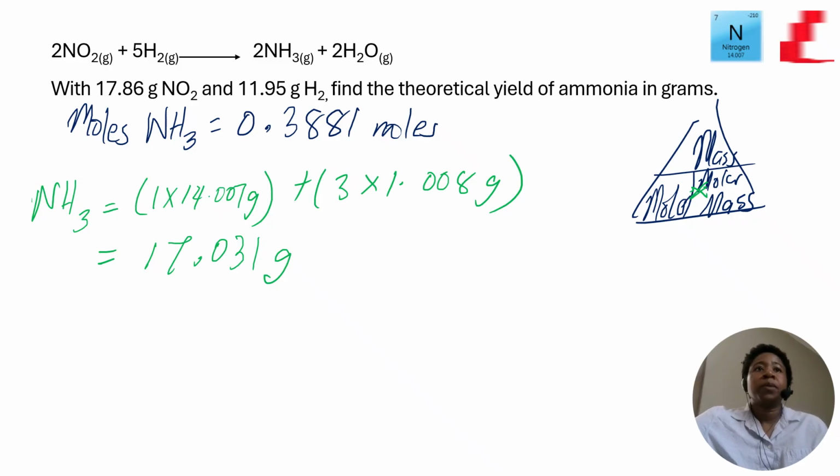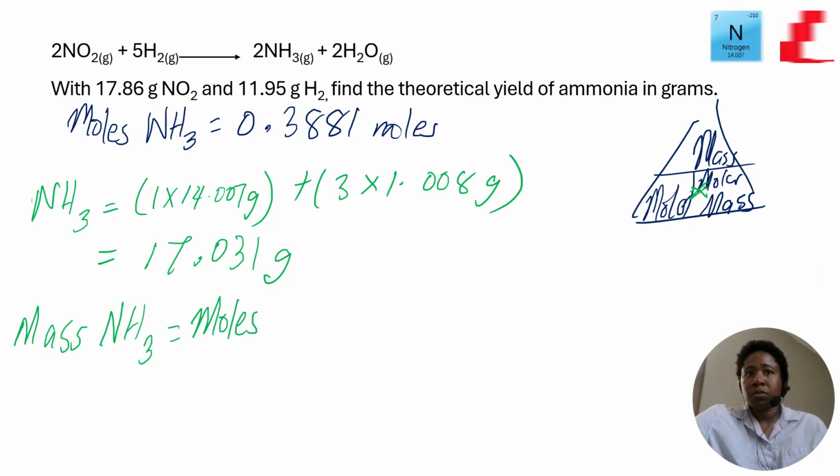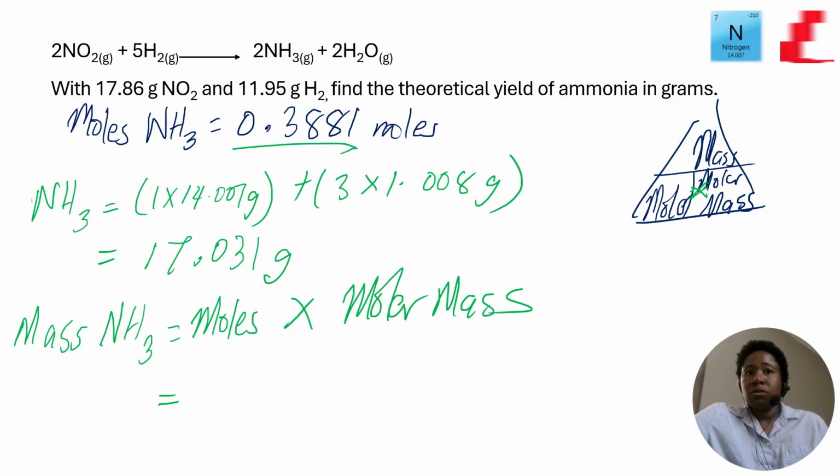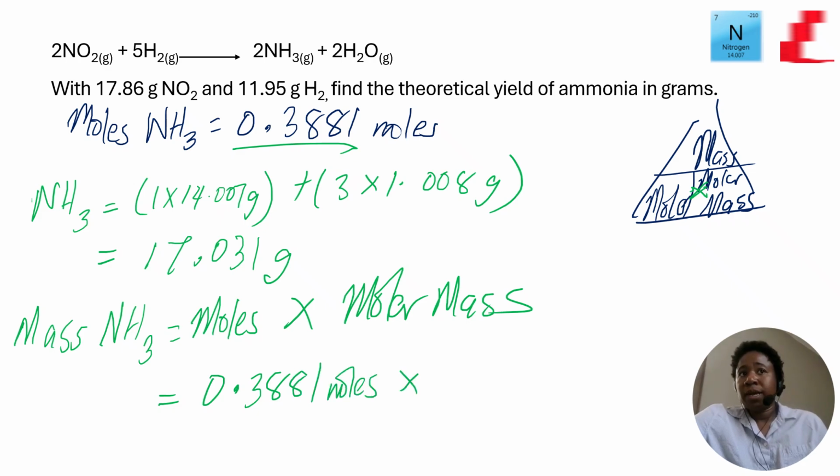All right, now therefore the mass of ammonia present is equal to the moles present multiplied by the molar mass that we just calculated above. The moles present, we have 0.3881 moles. And the molar mass here, this is grams per mole because it's the gram quantity of 1 mole.